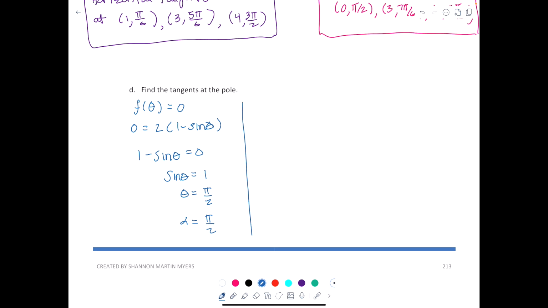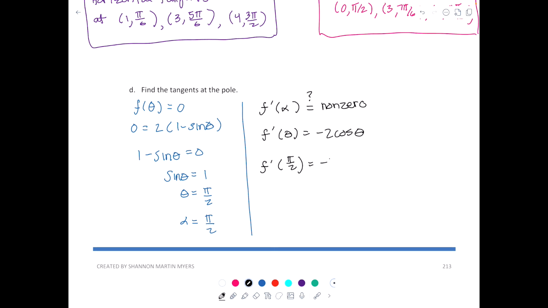Then you come over here and you say, okay, is f prime of the alpha equal to something that is non-zero? So f prime at theta, we know, is negative 2 cosine theta. And our alpha is pi over 2. And so f prime at alpha, do you see, is 0.